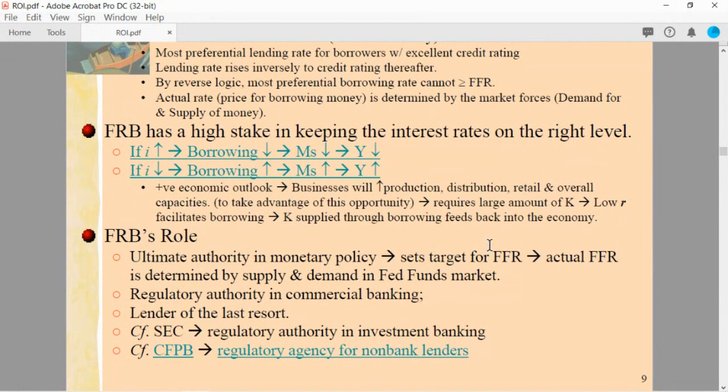Well, actually, they don't set the actual Fed funds rate. They set the target rate only. Anybody can have a target for federal funds. I can have a target for gas price, which means I cannot influence the gas price.